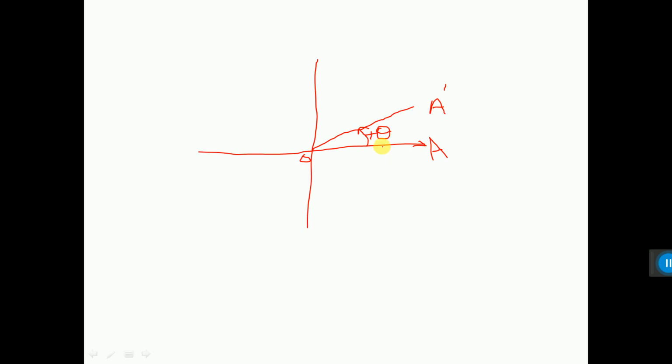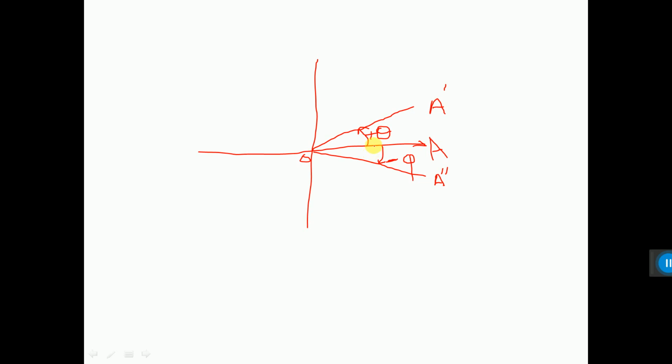But if this line starts revolving in the clockwise direction and this is the new position of the OA line, that is OA double dash, then the angle created is negative. I am considering this as phi. So this is negative angle phi.